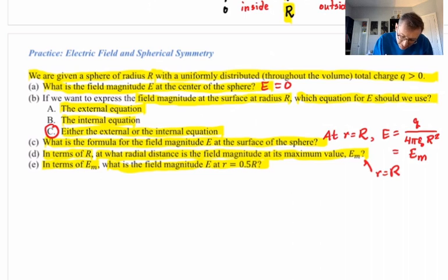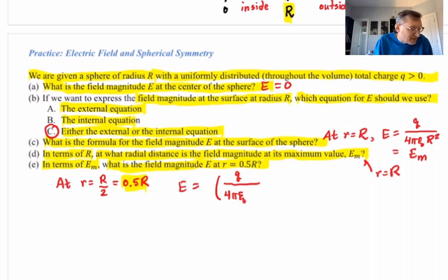Okay, did you think about it? Did you get a result? So we are at, here's a way to write it, big R over 2, or 0.5 big R. That's the little r. What's the E? Well, first of all, note, that's an interior point, right? So you got to use the interior field result. Be careful to use the correct one. So that's Q total over 4 pi epsilon 0 big R cubed times little r, 0.5 times big R. That's the little r value.